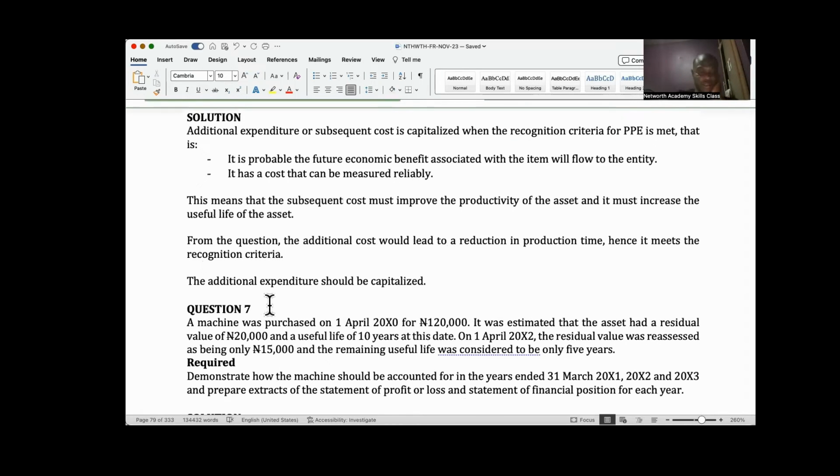Question 7 says that a machine was purchased on 1st April 2000 for 120,000. It was estimated that the asset had a residual value of 20,000 and a useful life of 10 years on this date, which is 1st April 2000.